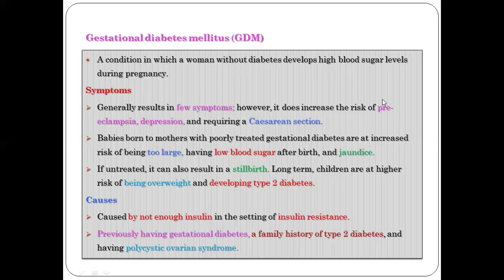And one more thing, women who had confirmed gestational diabetes in their previous gestational period, that is also one of the causes. Also a family history of type 2 diabetes, and having PCOS, polycystic ovarian syndrome.